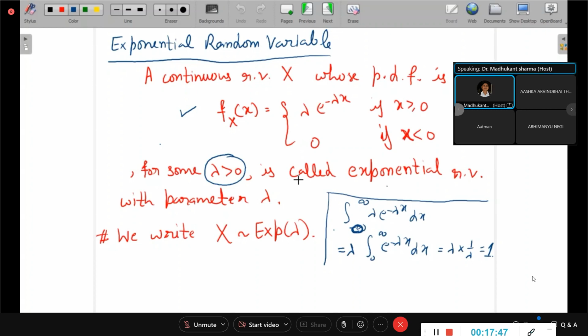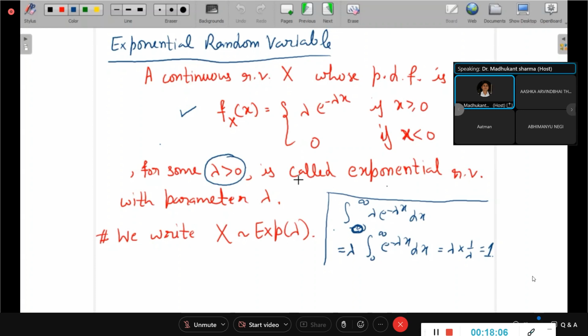Or you can look at the distribution of the amount of time until a bulb, a light bulb, stops functioning.